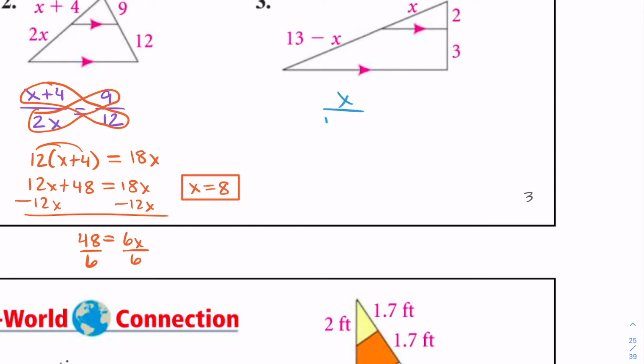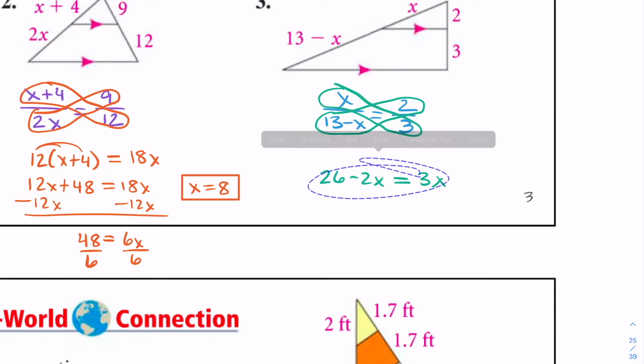x over 13 minus x equals 2 over 3. It's going to give me 26 minus 2x. I distributed, equals 3x. You know what? I'll show the distributive property actually happening.